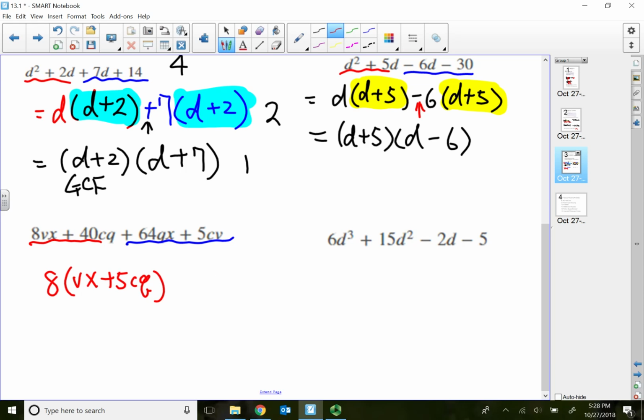That means what's inside the parenthesis for my second term has to be exactly the same as what's inside the parenthesis for the first term. So between the last 2 terms, I cannot factor anything out between 64 and 5. Between qx and cv, I cannot factor anything out.